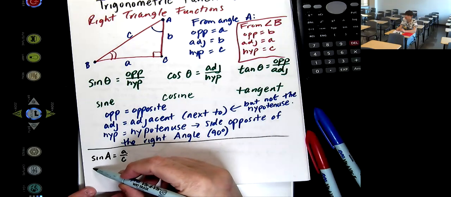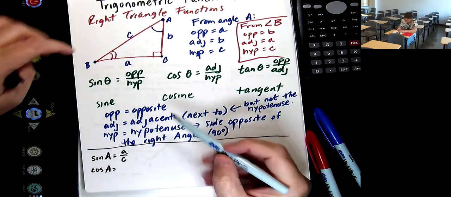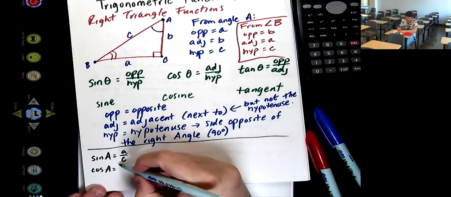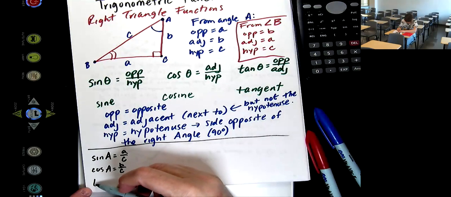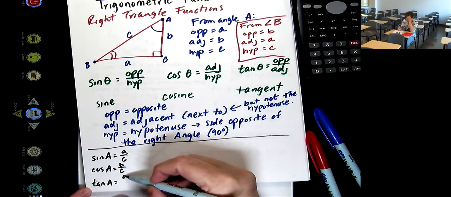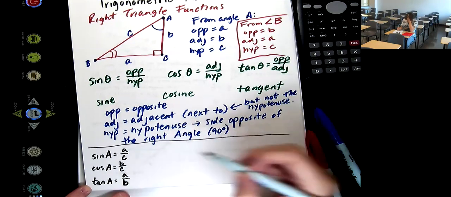Cosine of A is adjacent, which is b, over hypotenuse, which is c. And tangent of A is opposite over adjacent, a over b.